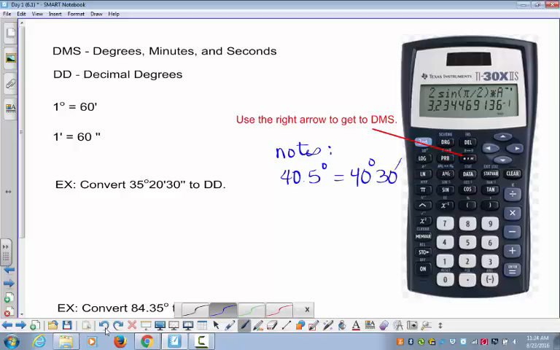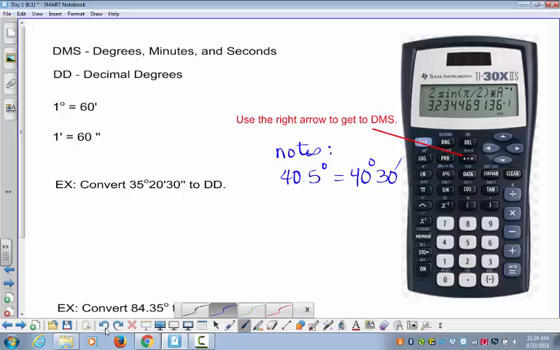Those are the same. In practice, most everyday folks are just going to use decimal degrees, but there are some applications, navigation and things, where they will use a breakdown of a degree into minutes and seconds. I'm not going to do a ton of it, but you should be able to convert comfortably between the two.